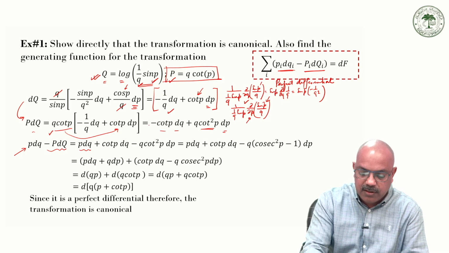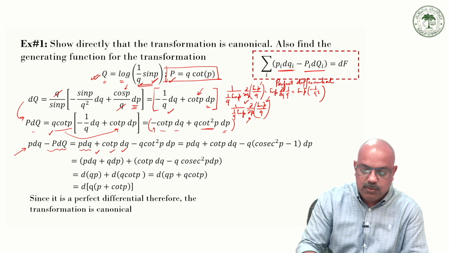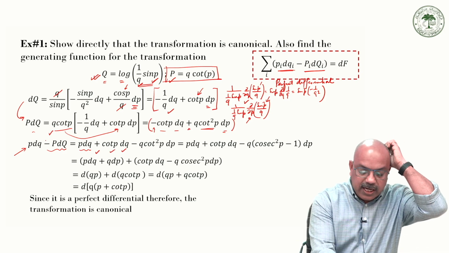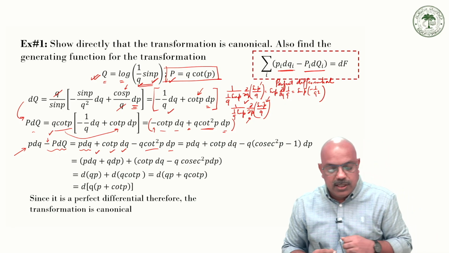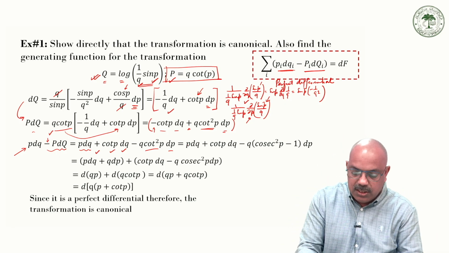If you do this, this becomes positive cot p dq, and then this becomes negative because I have minus here, so this is minus q cot square p dp. Now you can see one thing, that p dq is there, and then cot p dq is there.